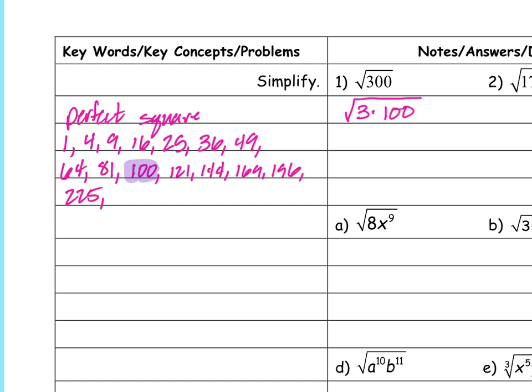So now, using the rule that we learned, I can go in reverse also, right? I can also write this as the square root of 100 times the square root of 3. I can write it as 2 separate ones. Not only can I put them together, I can also separate them out. Does that make sense? So then, what's the square root of 100? 10. So this becomes 10 square root of 3.